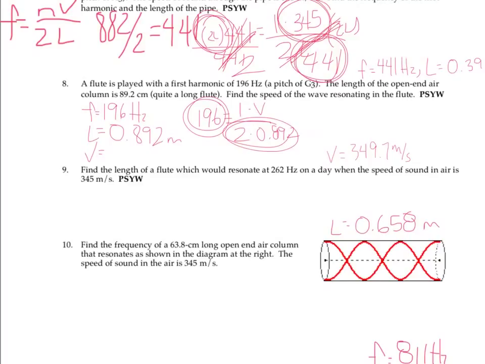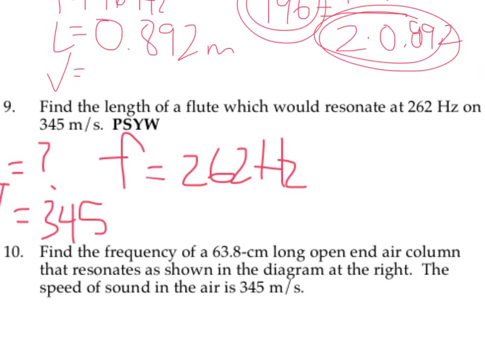For number 9, you're asked to figure out again the length of the flute. So the length is our unknown variable. We're given a velocity, which is still 345 meters per second. We're told frequency 262 hertz, which we're going to go ahead and treat as the fundamental or first harmonic, and solve using that same equation one more time.